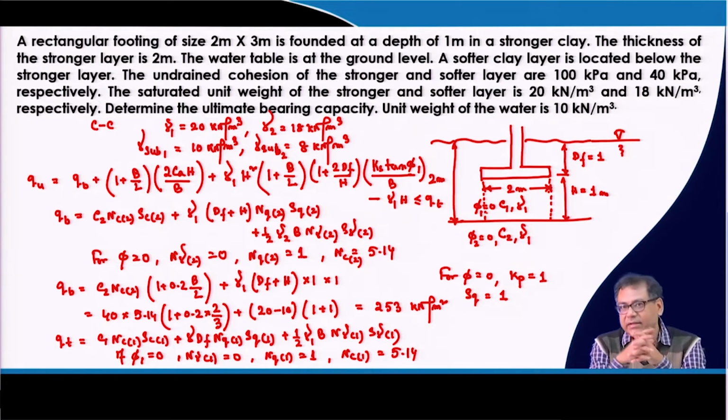But it is assumed that there will be a punching kind of failure, so the total soil along with the foundation will deform within a zone given by these straight dotted lines.